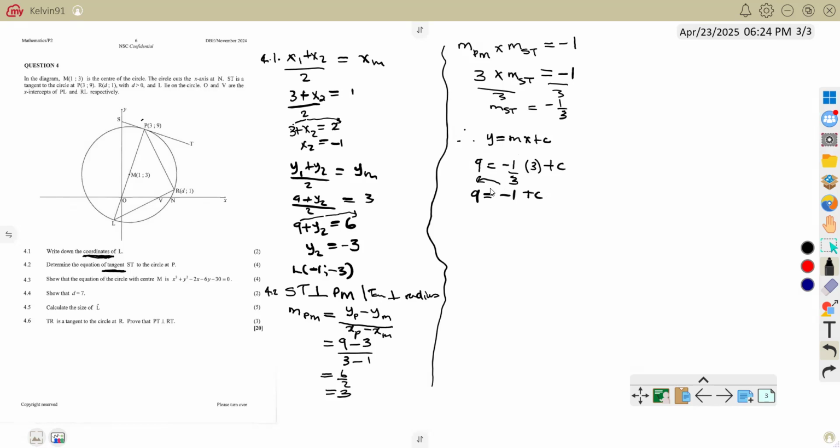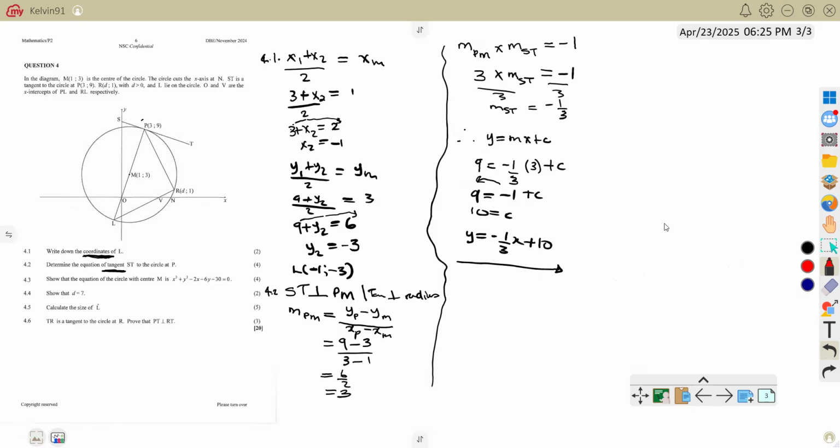When you transpose there, it means your c will be equal to 10. Solving the equation, therefore, y is equal to gradient, which is -1 over 3, x plus c, which is 10. This becomes the equation of our tangent.